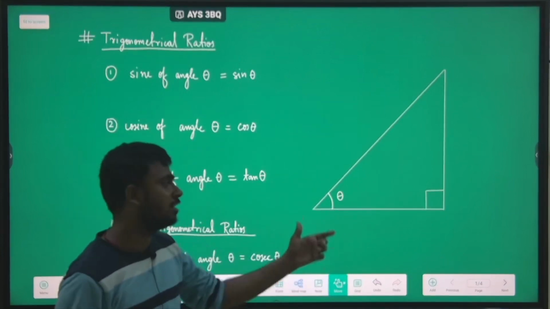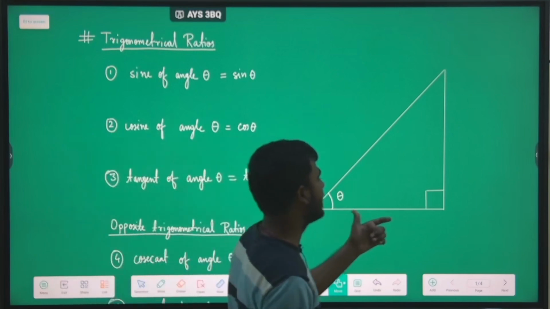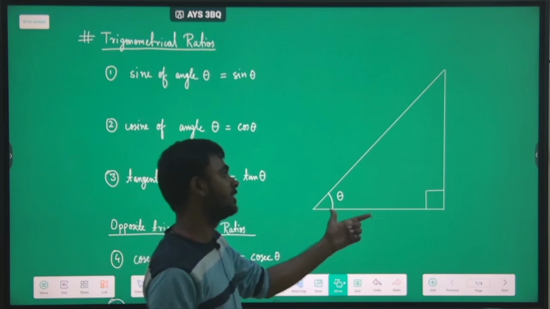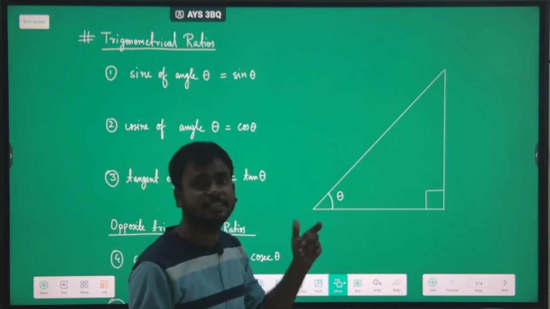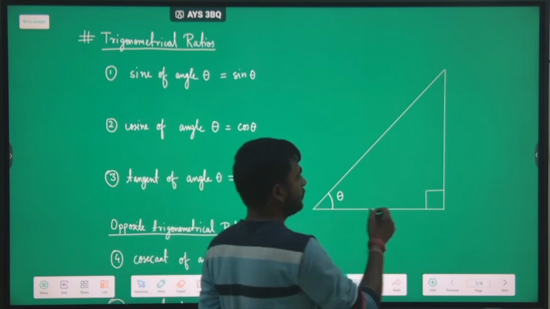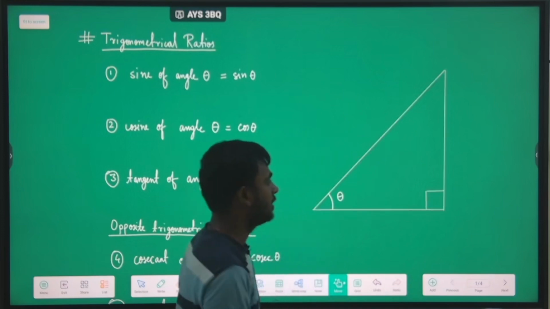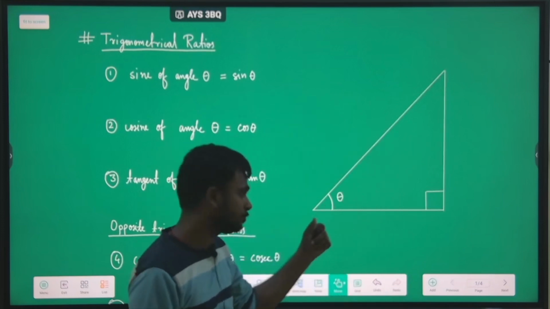In a right angle triangle, if theta is an acute angle, we will get three sides. The first side will be this, the second side will be this, and the third side will be this.